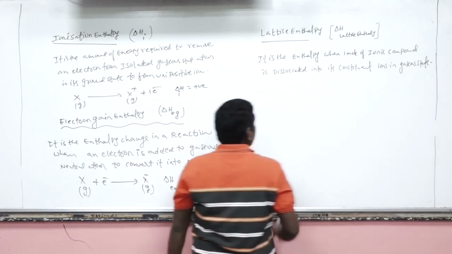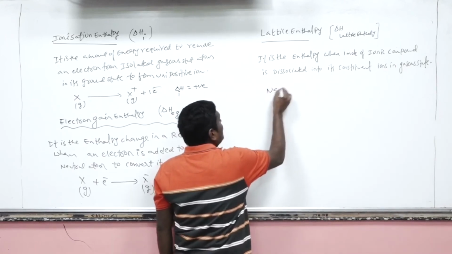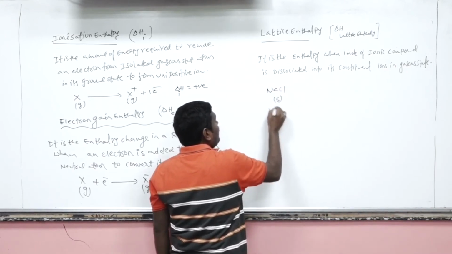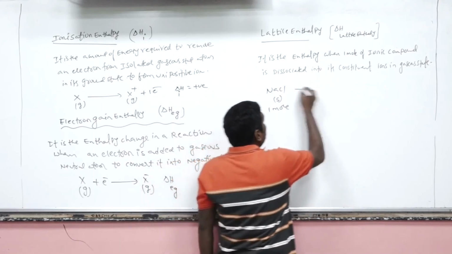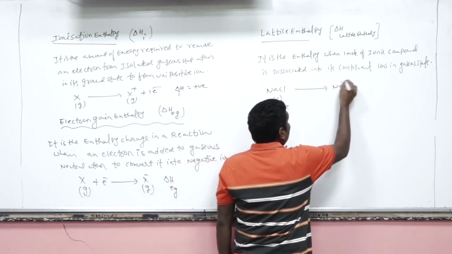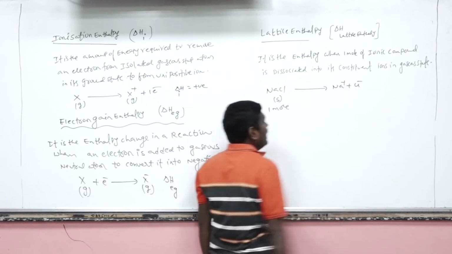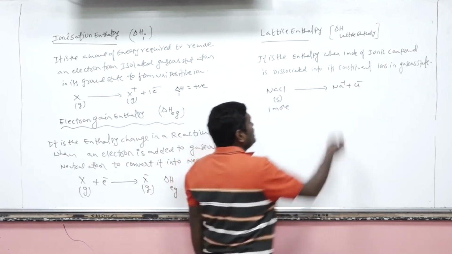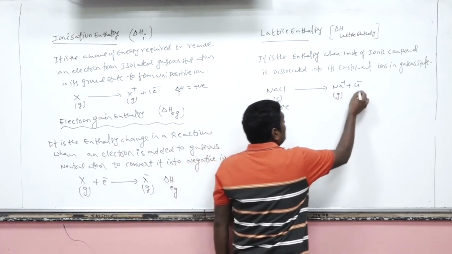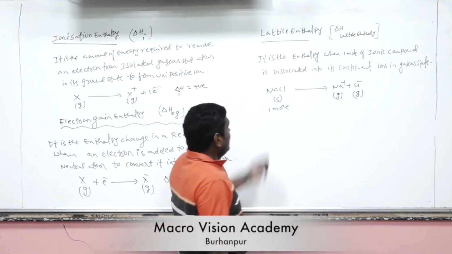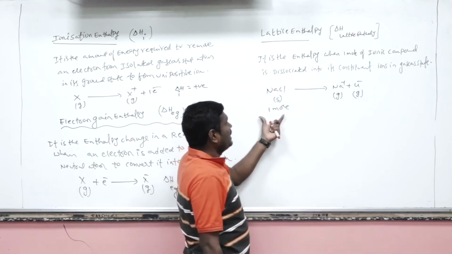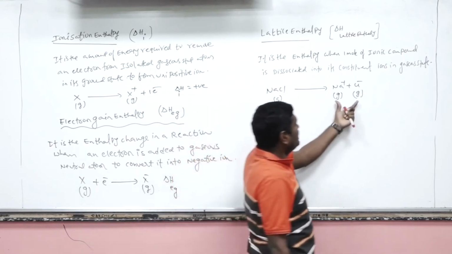Let's suppose I have an NaCl crystal. 1 mole of solid NaCl ionic compound is there. It contains two ions, Na positive and Cl negative. These two ions are now in gaseous state. Here the lattice has to break into constituent oppositely charged gaseous ions.